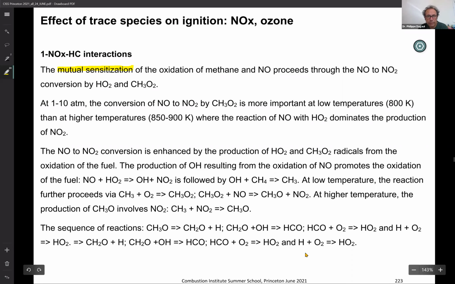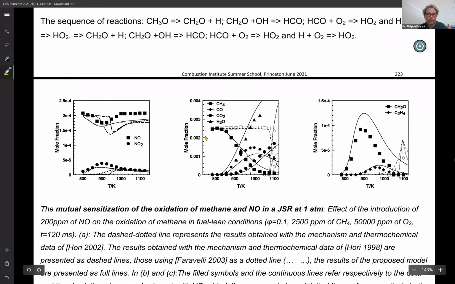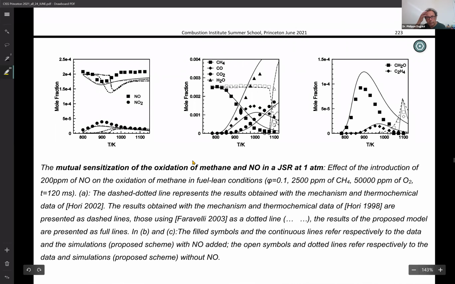And these HO2 transform NO into NO2 and produce OH radical. So this is what's going on. And now I will show you typical results that we could observe.